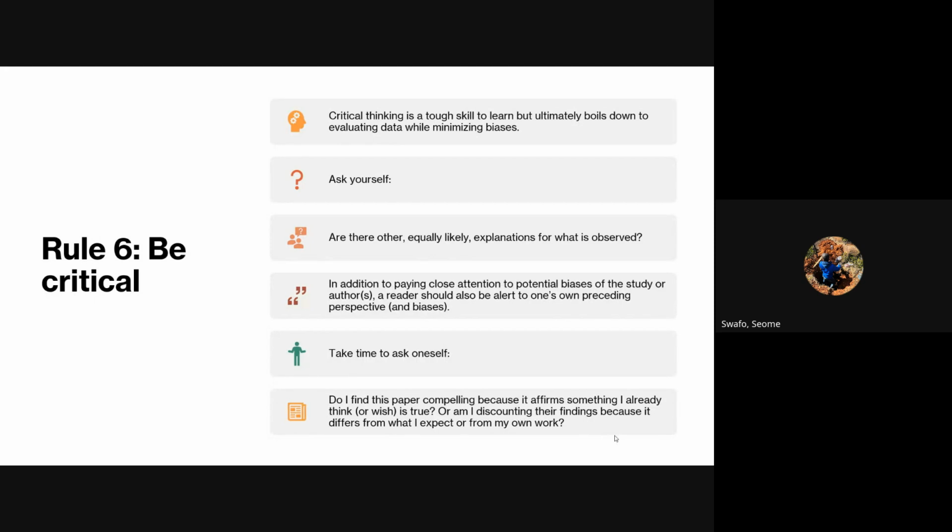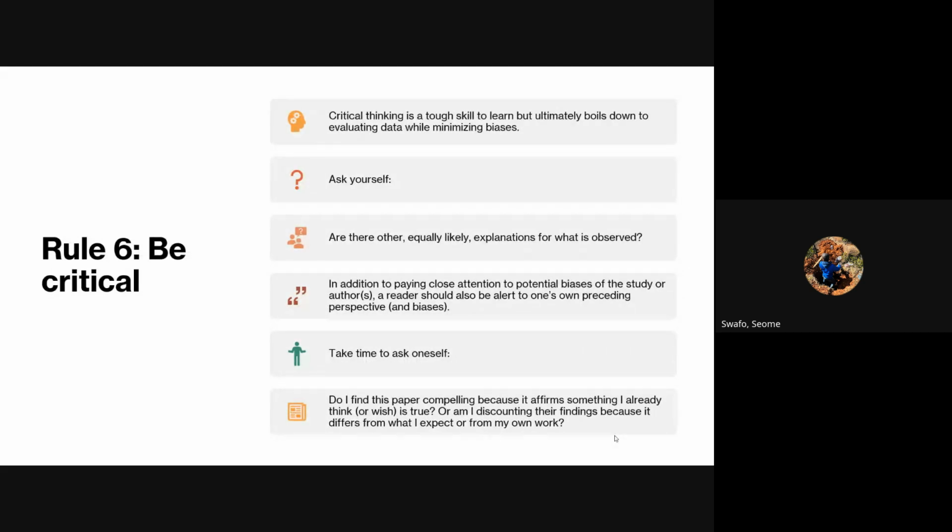But you can't be critical if you are just a scientist that reads one article per month. No, where will you learn? You won't learn that critical thinking skill. You can't critique anything like that.